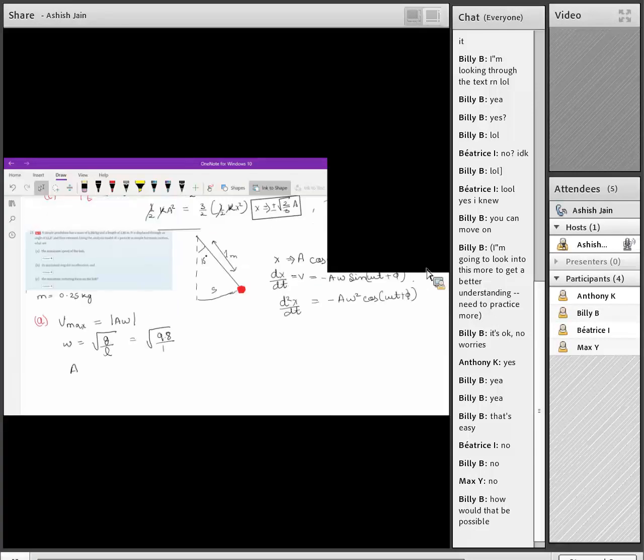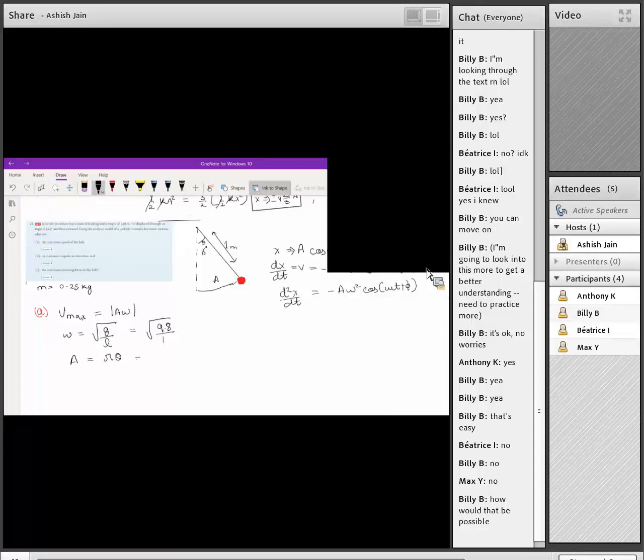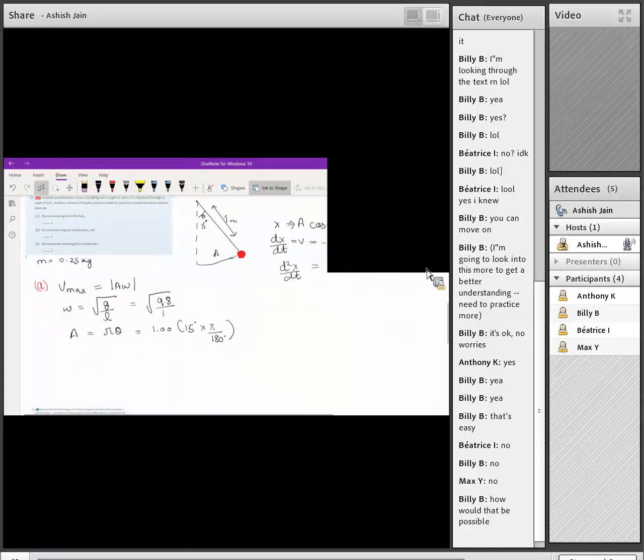I wrote it as S before, I can write it as A. A is radius into theta. This is your theta. Then that is 1 meter into 15 into pi by 180 for radians. This is just radians conversion, converting the angle 15 degrees to radians, that is pi by 180. Substitute back and you'll find V max.